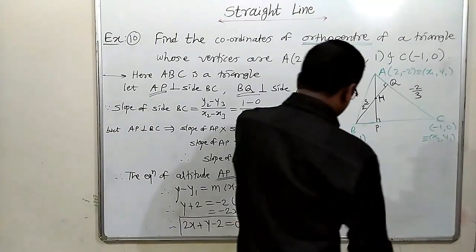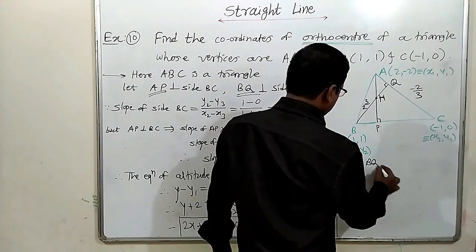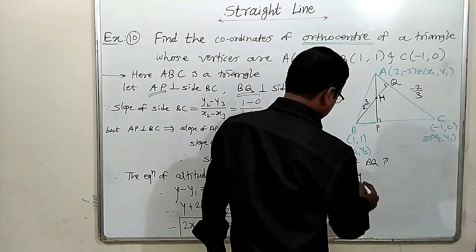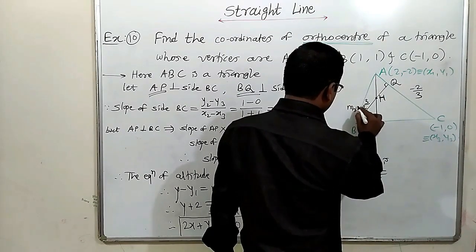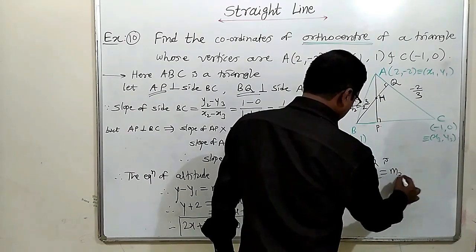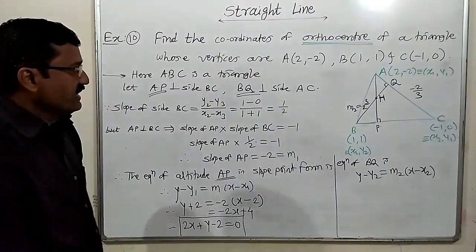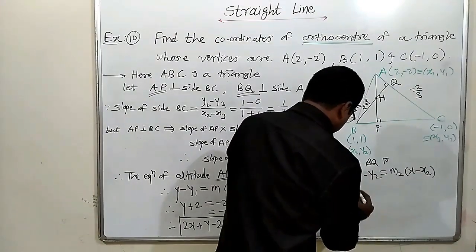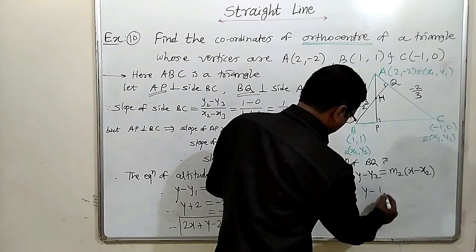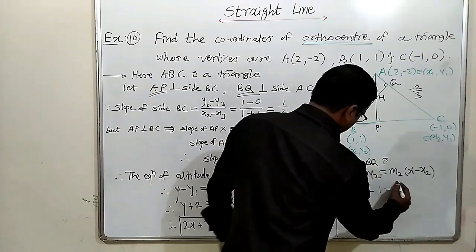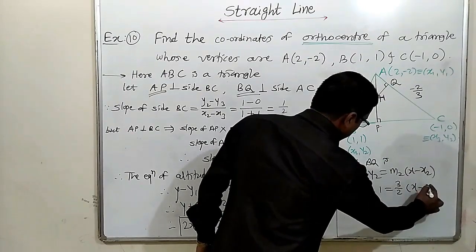It passes through this point. So equation of BQ is y minus y2 equal to our slope m2 into x minus x2. So y minus y2, which is 1, equal to slope m2, which is 3 by 2, into x minus x2, and x2 is 1.